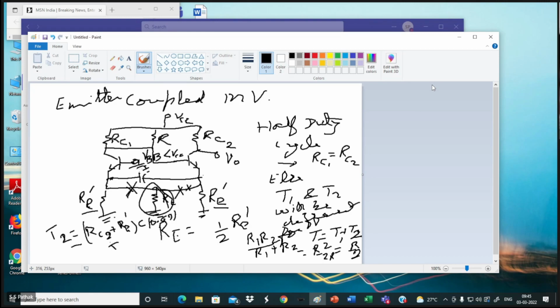And this VBB applied here, this voltage becomes now closer to V gamma, that is connected to this.